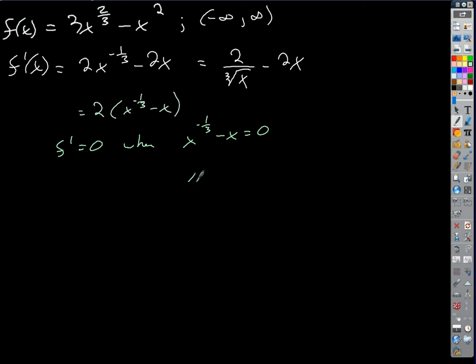So wouldn't that just be when x equals 1 over x to the 1/3? Then you can multiply it. So how would I solve that, please? Multiply both sides by x to the 1/3, or cross multiply either way.